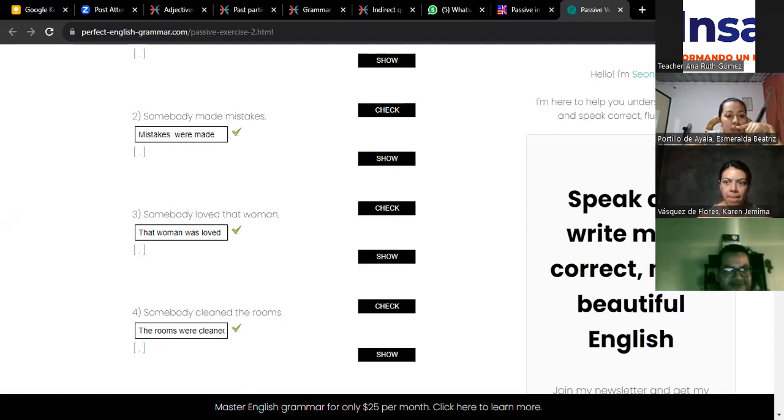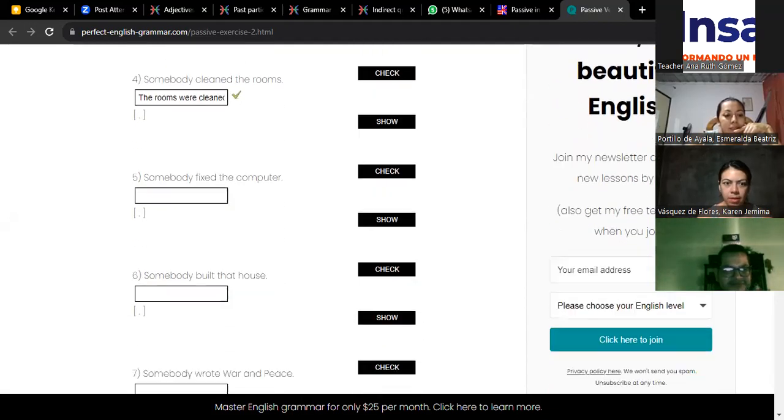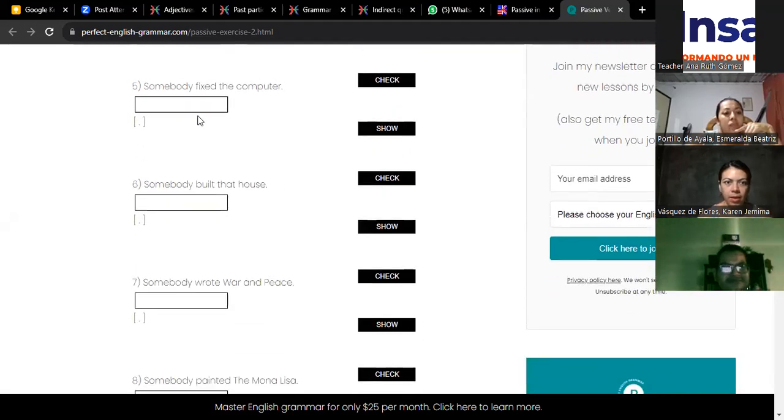Okay. Clamp. Okay, this one is better. The computer. That computer, right? Computer was fixed. I don't remember. It's the same. Fixed.